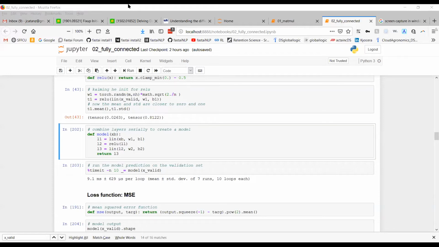Hey, Joseph, I have another question. Do you know why the mean for the ReLU is 0.5? If you look at the function, it goes from 0 to 1 with a slope of 1. It's a triangle, right? If you take the mean of that, it's going to be a half.